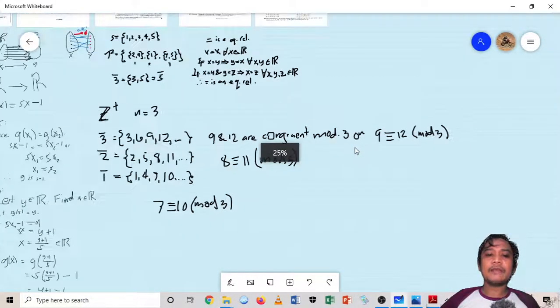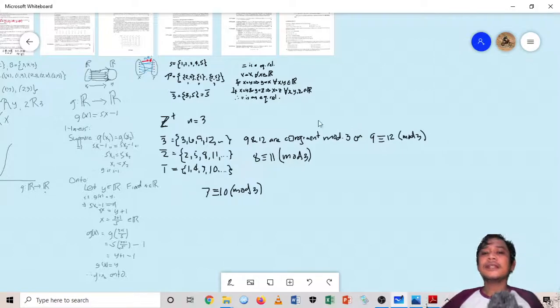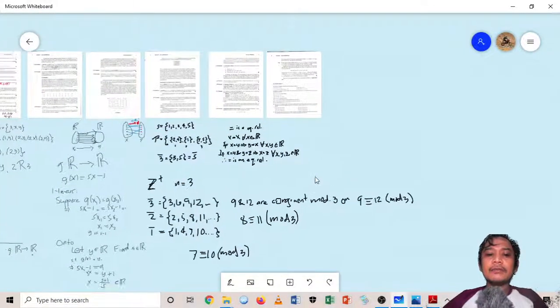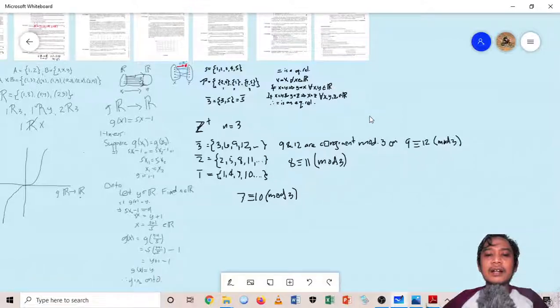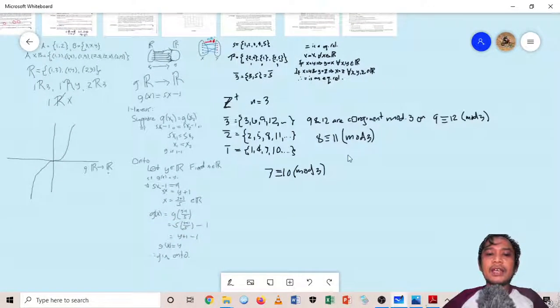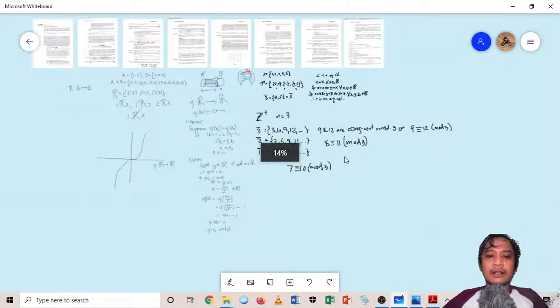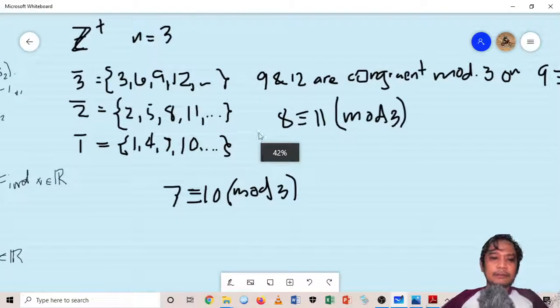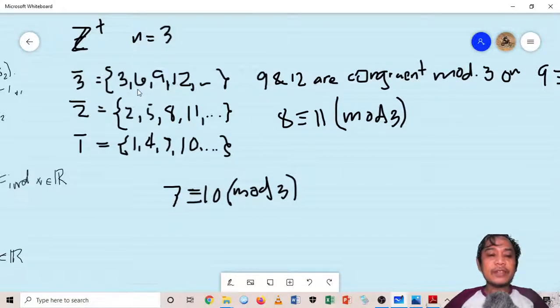So that is what we meant by congruence modulo n. But if we go back, why are 3 and 6 in the same cell? Because they gave the same remainder when divided by 3, and that is 0. Also, why are 5 and 8 in the same cell? Because again, they yielded the same remainder when divided by 3.